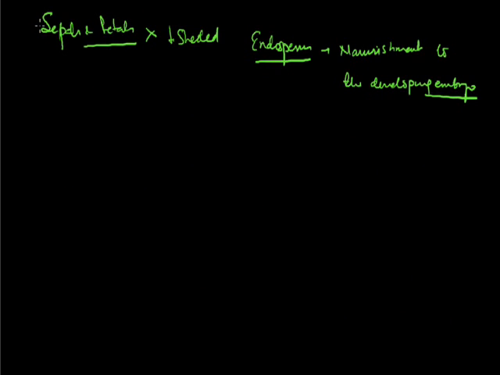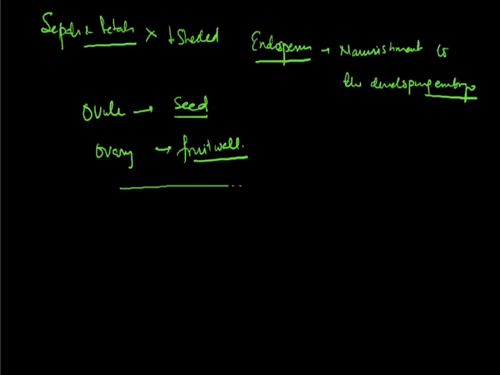Fertilization is a very important process in which many changes occur. The ovule, which we have just seen in the flower, changes into the seed, and the ovary changes into the fruit wall. Let us end this topic at this level. Let us discuss pollination.